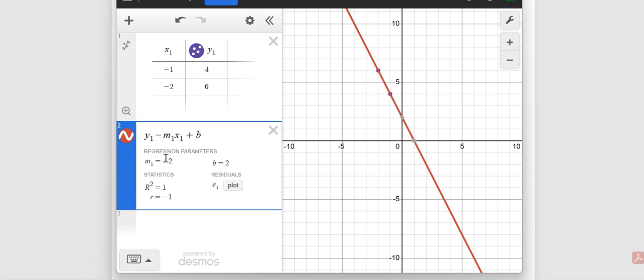So our m1 value is -2 and our b value is 2.